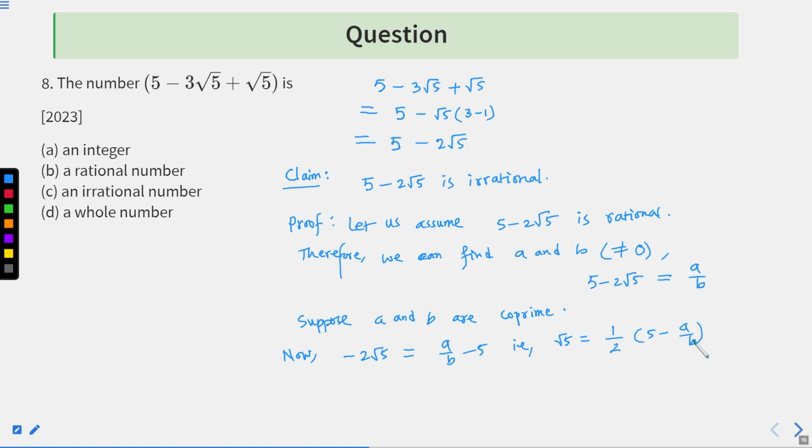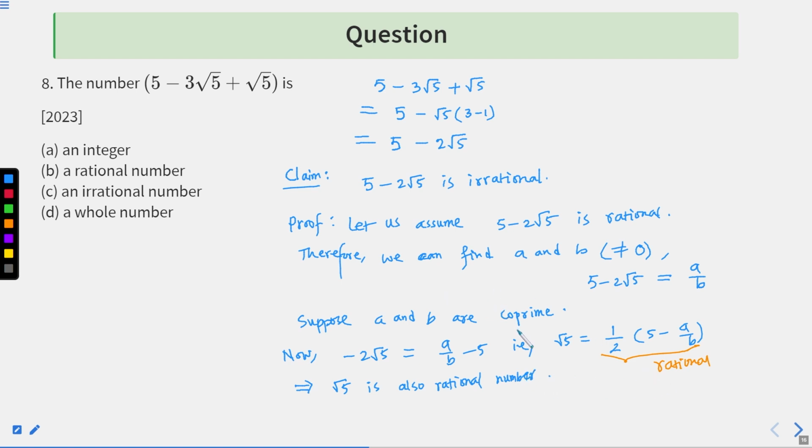Here A and B are integers, and 5 is also an integer. So 5 minus A over B is a rational number, and 1 over 2 times (5 minus A over B) is also a rational number. Therefore it implies root 5 is also a rational number.